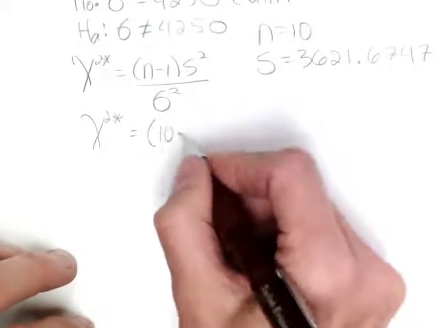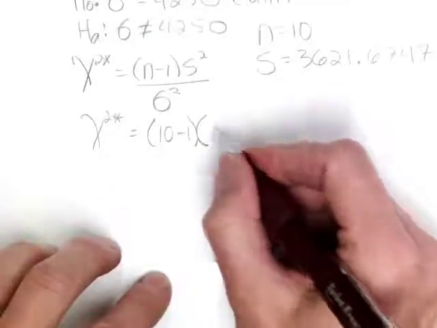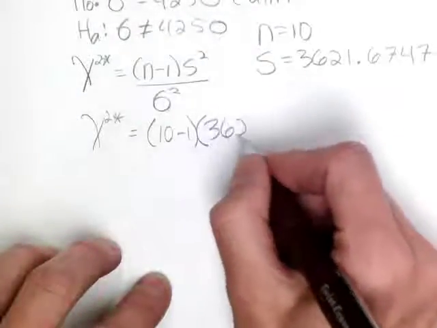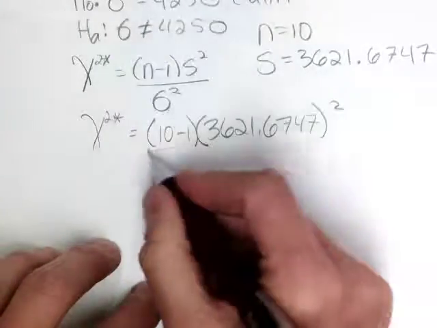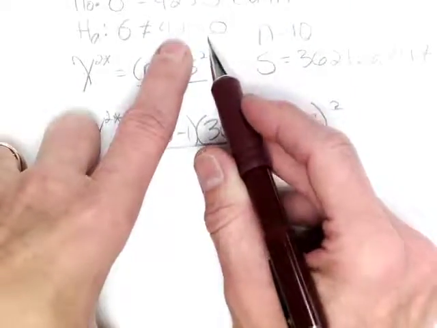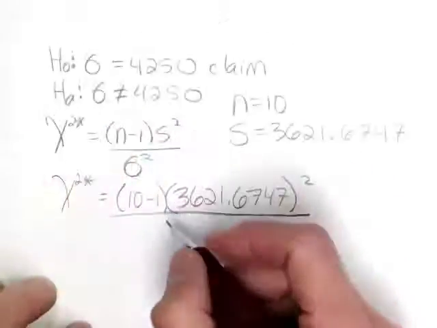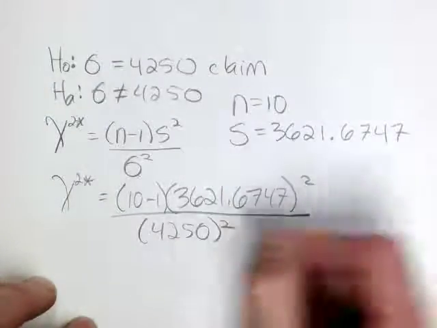Okay, now inputting into the test statistic formula, I've got 10 minus 1 times the sample standard deviation, and I need to square that, over the claimed variance. Now the claim is in terms of the standard deviation, so I definitely want to go ahead and square that.